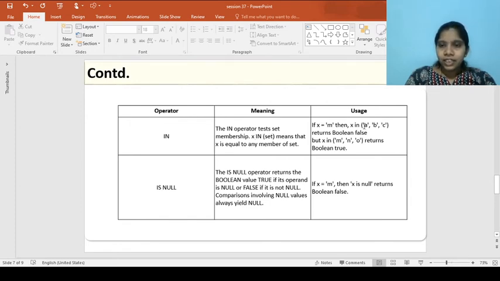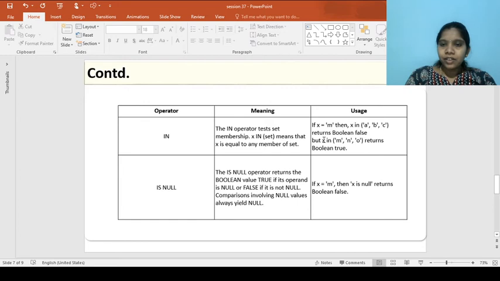Let us consider the example. The value of X is M. Then the set is a collection of three values A, B and C. In this case, it returns the Boolean false value because X equals M is not present in the given set.